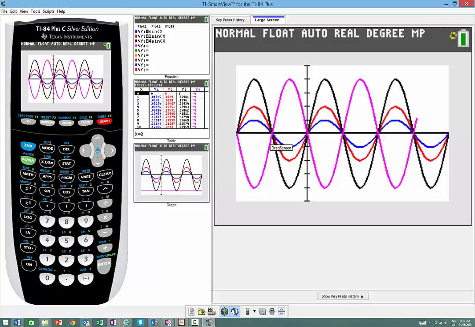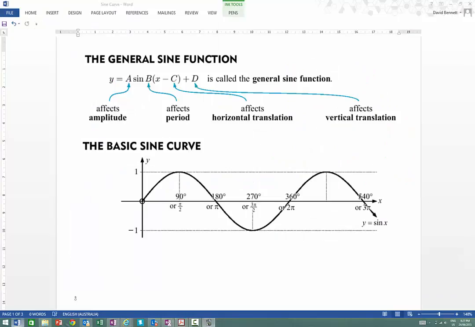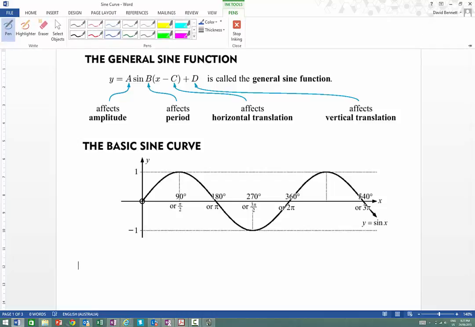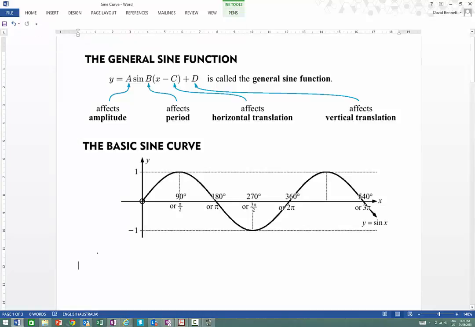So if we were thinking about what we have to say here, A affects the amplitude, but more than just the amplitude, A basically equals the amplitude and also the direction.